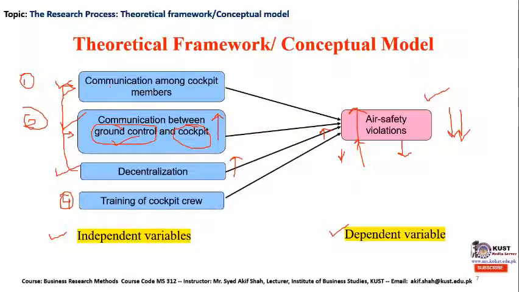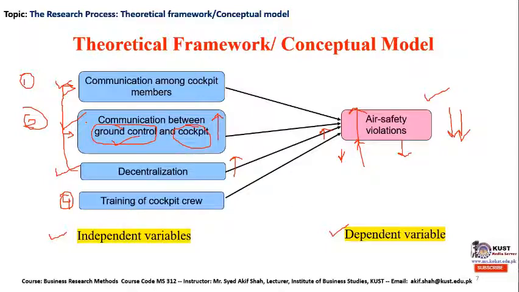When there is more communication among the cockpit members, there will be fewer air safety violations. Similarly, when the training programs in the company are high, there will be fewer air safety violations. However, there is a positive relationship, as hypothesized and theorized with the help of the literature review: if there is more decentralization, it will lead towards more air safety violations, because decentralization is affecting the communication amongst the cockpit members as well as between ground control and the cockpit crew.